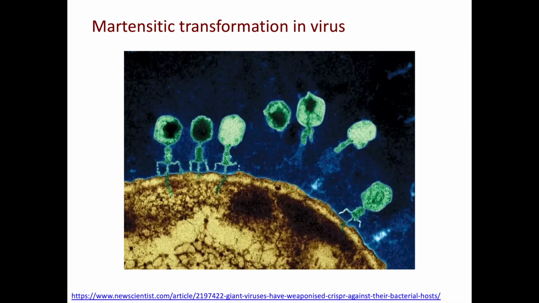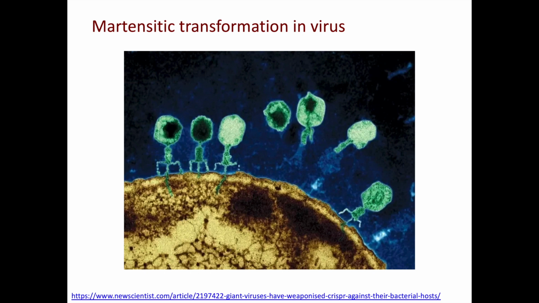We know that some viruses, when they attach on the cell surface, can inject a needle into the cell body and eject the RNA into the cell to duplicate their genetic materials. The protein that is responsible for the needle injection is also governed by martensitic transformation. This is definitely some crazy stuff to me when I first learned about it.